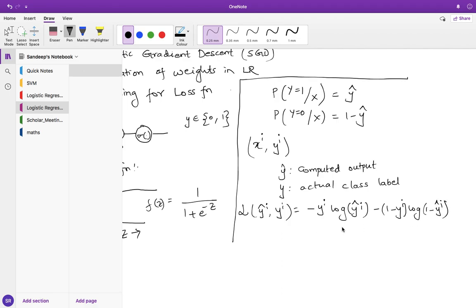So this is the loss function which we use in logistic regression.